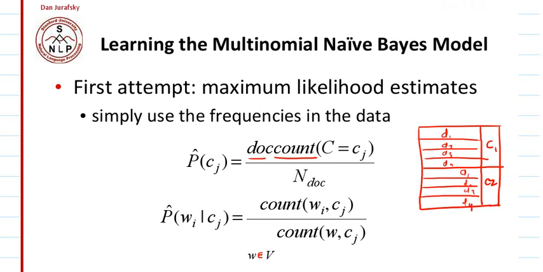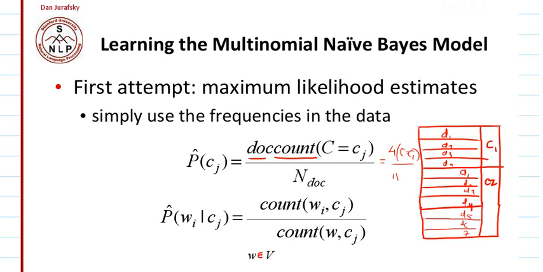So doc count for class C equal to Cj: I calculate the count of all the documents that are present in a class Cj. So this is D5, D6 and D7. So the count in this case for C1 is 4, for C equal to C1 divided by the total number of documents, which is 11, right?